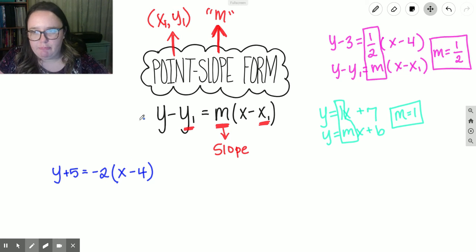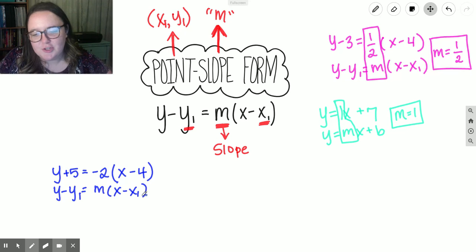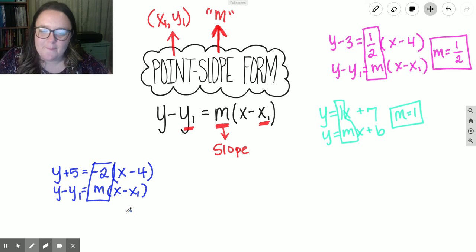Or is it point-slope? I think it's point-slope, so I'm going to write that formula right under it just to make sure. Parentheses x minus x1. Sure enough, it lines up. What my slope is here is right where that m lines up. Here, my slope is -2.